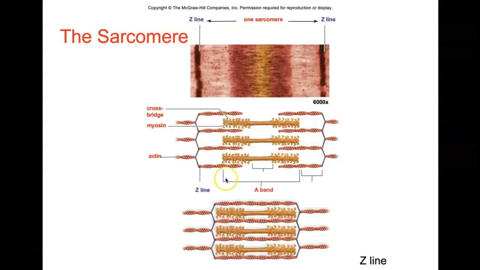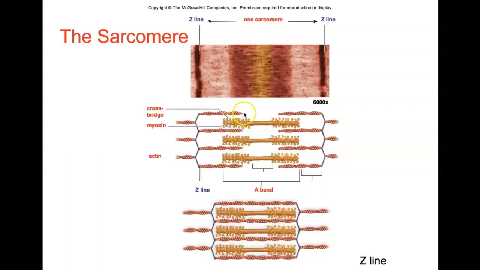The next segment that we're going to deal with is this distance, where you have overlapping myosin and actin. Anytime you have overlapping myosin and actin, we call this the A band. The A band is also known as the dark band. The reason it's called the dark band is because under the microscope, it looks a lot darker.